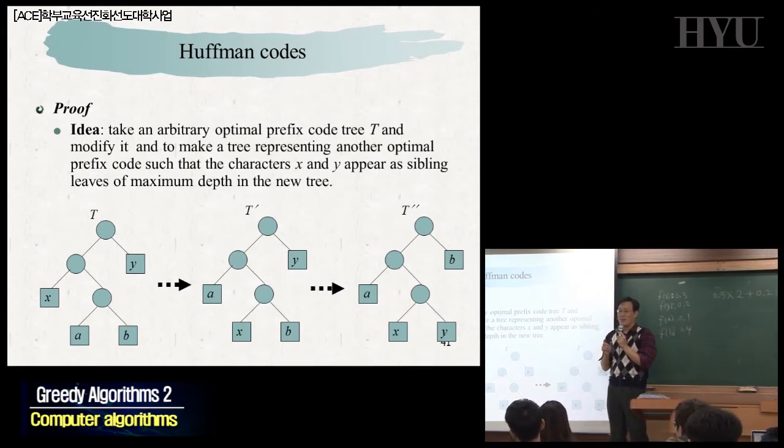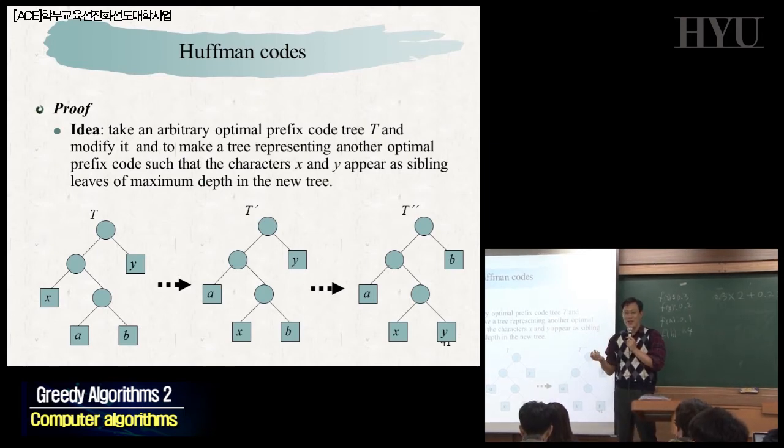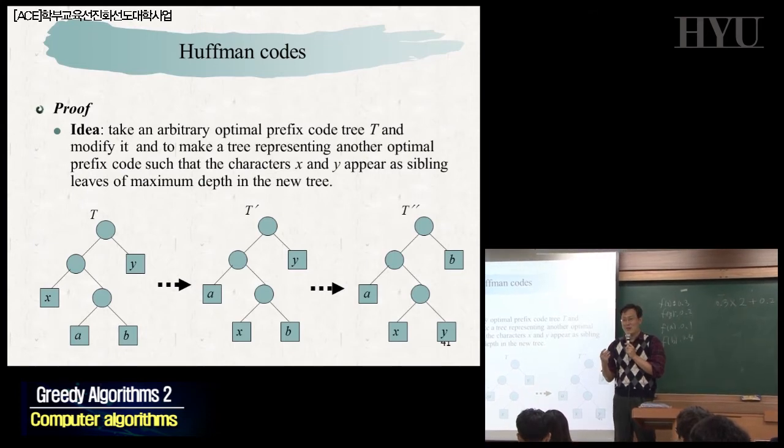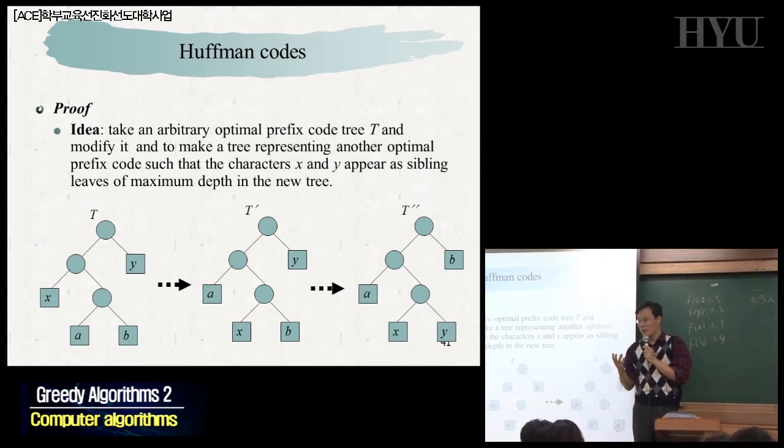So, sometimes you can understand that something is correct, but it is sometimes very hard to explain or to prove. Then you have to try proof by contradiction.